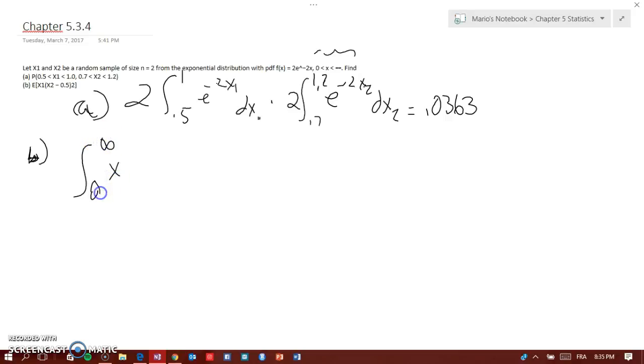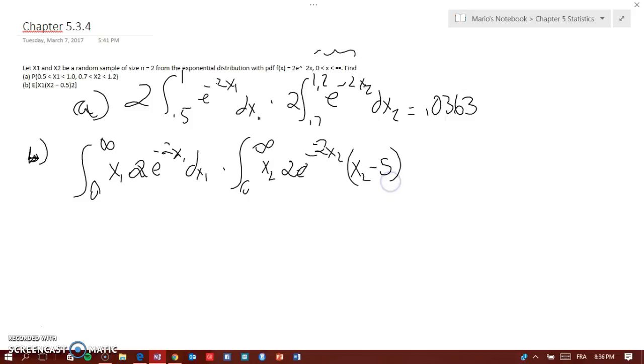Because it's an expected value, we're going to have x, or I should say x1, times 2e to the negative 2x1 dx1, times the integral from 0 to infinity of x2 times 2e to the negative 2x2, times (x2 minus 0.5) squared dx2.